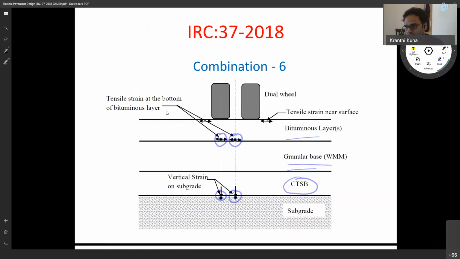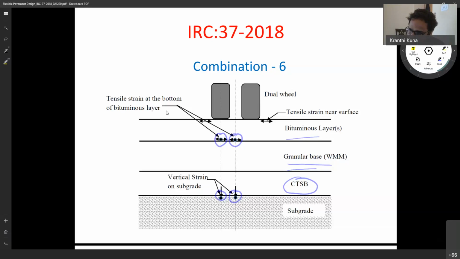According to me, it is yes, but some people say otherwise. According to IRC 37 as well, you can consider it. Yes, because, as I said, you can consider that as a structural layer.